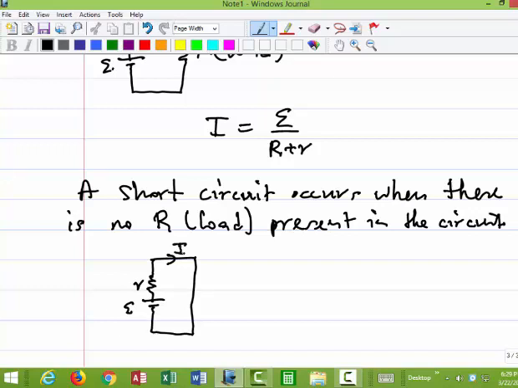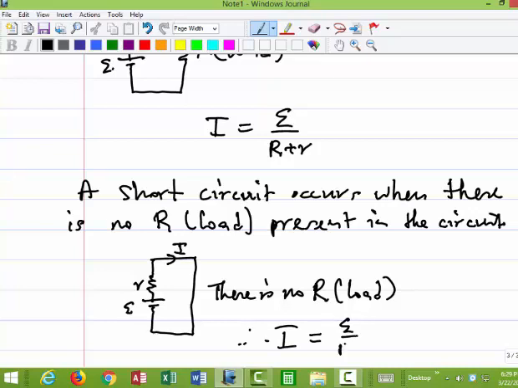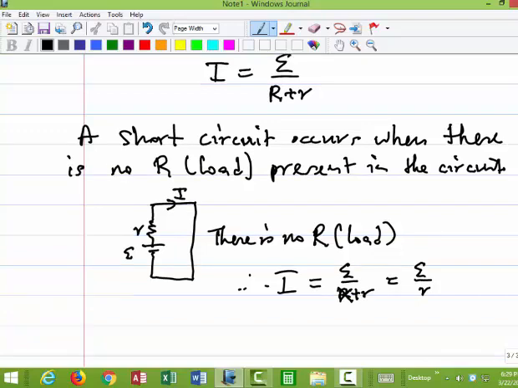So there is no load. Therefore, the current through this battery can be written as EMF over (R plus little r), where R is equal to 0, so you have the EMF over lowercase r. This is called a short circuit.